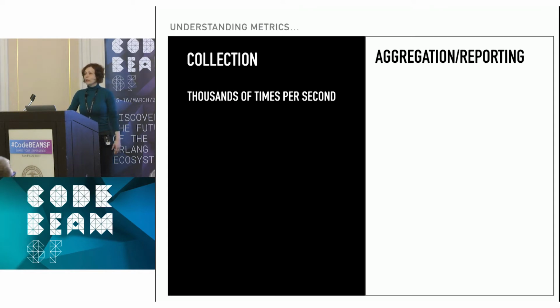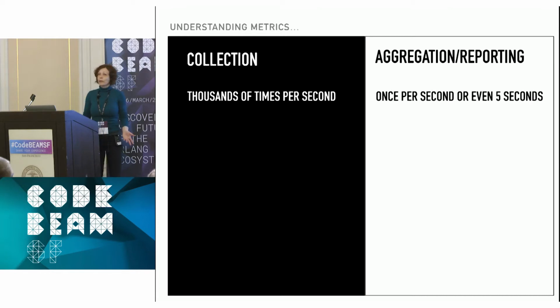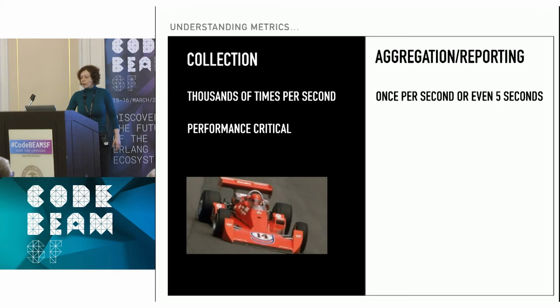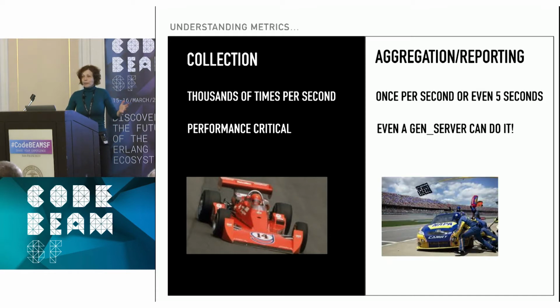And aggregation has its own problems, but it's something that happens once a second. Reporting might be happening once a second. Aggregation might be happening even every 5 seconds. So metric collection is performance critical, and you can think of it as a race car driver who's alone on the road, and every split second matters. And then aggregation can be done with a gen server.